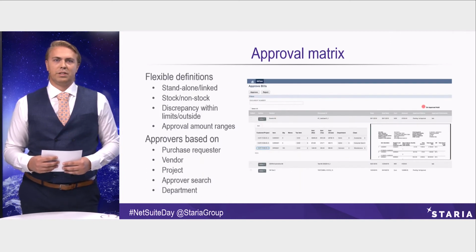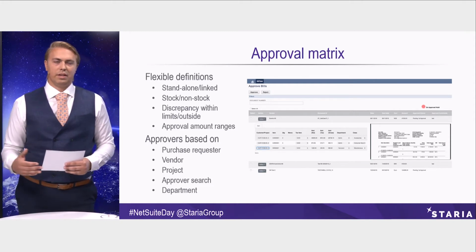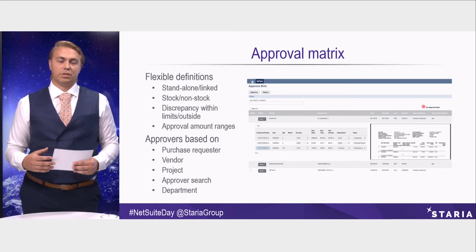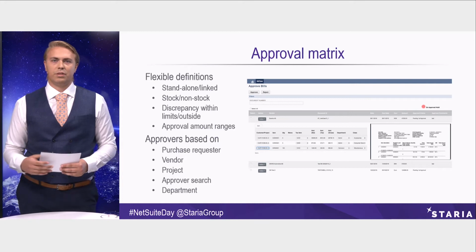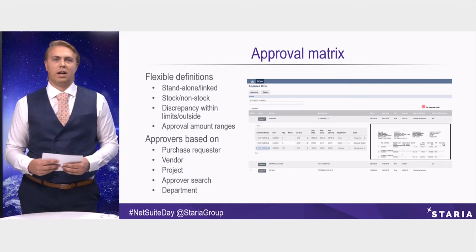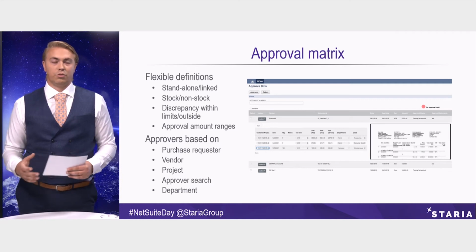The approval matrix is, of course, key to achieve a good flow for the invoice and adding the right people when it's needed. The definitions are flexible. Approver may be based on the purchase requester, a person that has been assigned a specific vendor, or it might be role-based, just to mention a few.